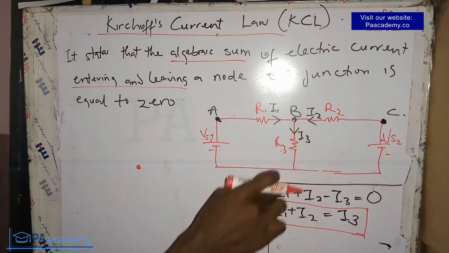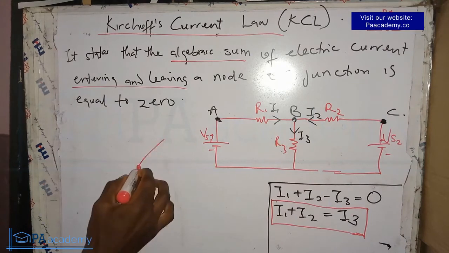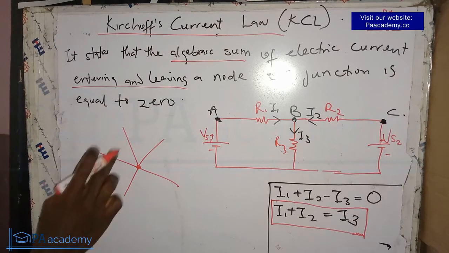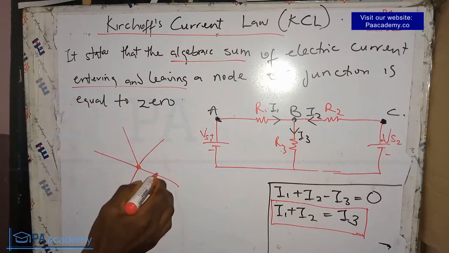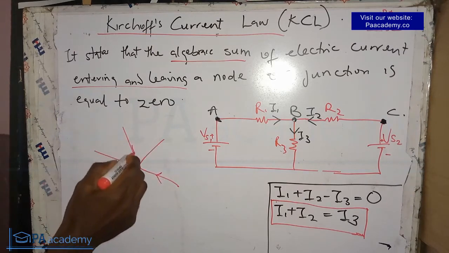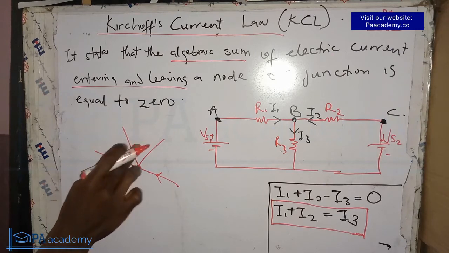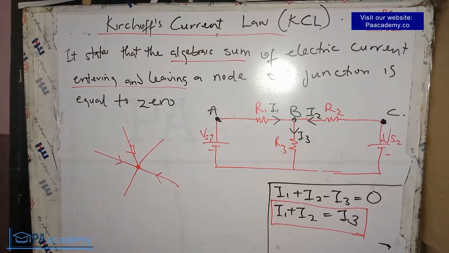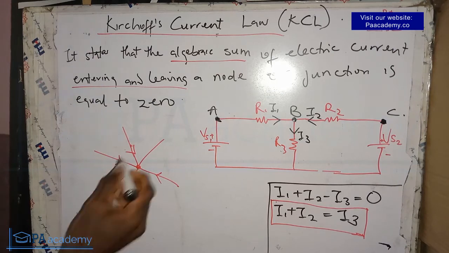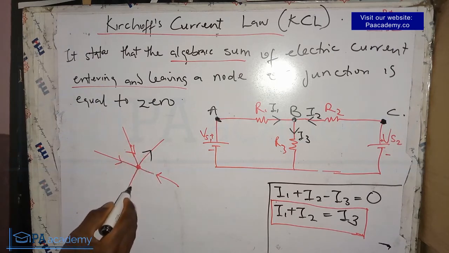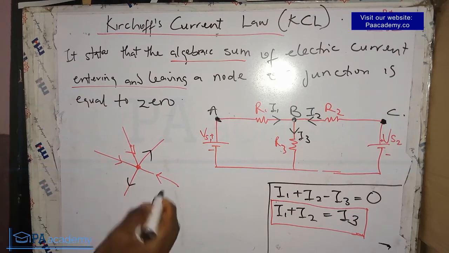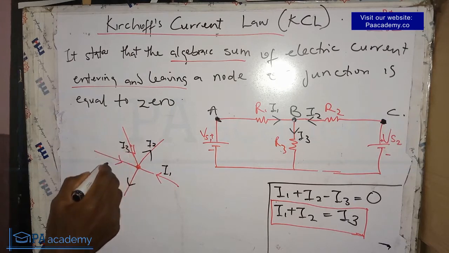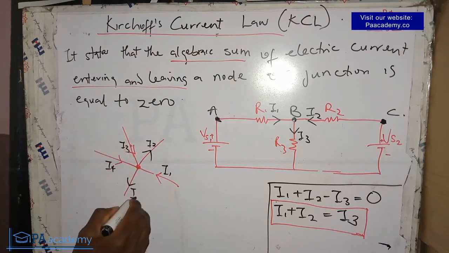Let's say we have a node, and then we have five currents, so let's just pick at random. Let's say three are incoming, and the remaining two are outgoing. So let's say this is I1, I2, I3, I4, and then I5.